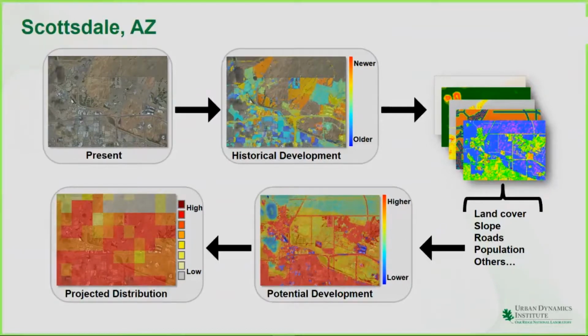And we started by looking at the past 30 years of land cover change, which is this historical development slide here. We looked at what areas were most likely developed or most commonly developed into urban areas. We then incorporated some varying population gravity model aspects, which is based on the assumption that population attracts future population.